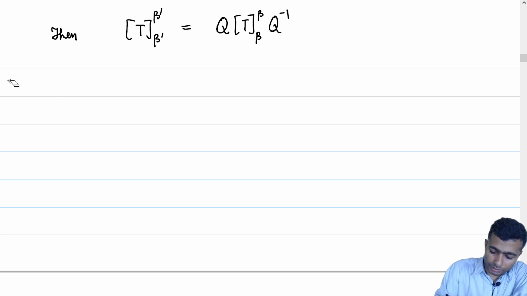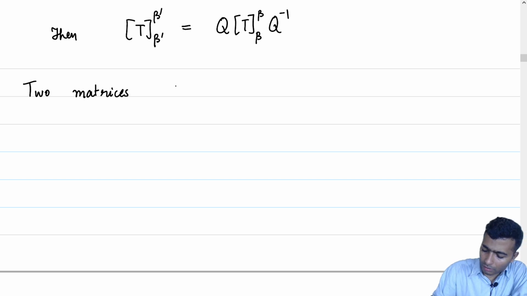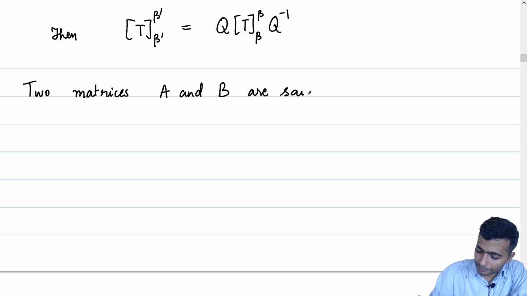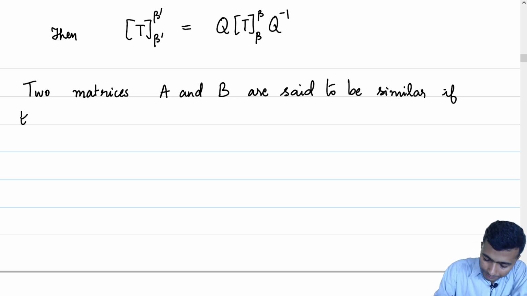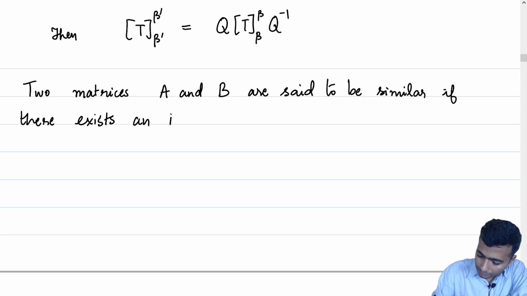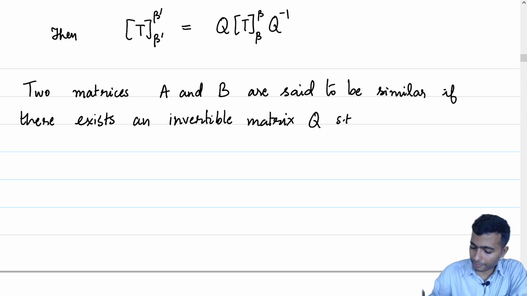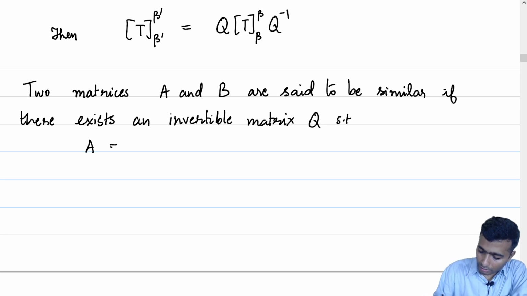Two matrices A and B are said to be similar if there is an invertible matrix Q such that A is equal to Q B Q inverse.